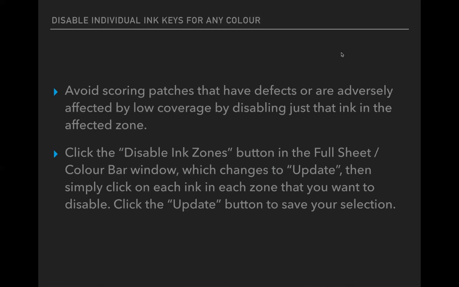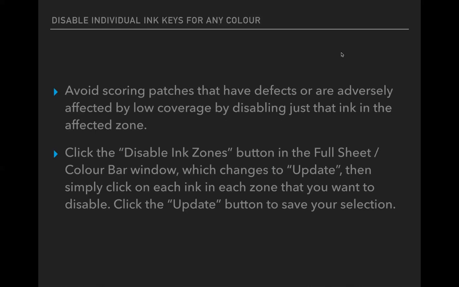It's just a name change. When you click the Disable Ink Zones button, it changes to Update. Before you click it again, you then go and click on the colors in the ink keys that you want to disable, and you're disabling them from a scoring perspective.